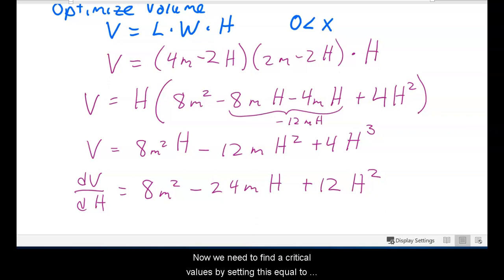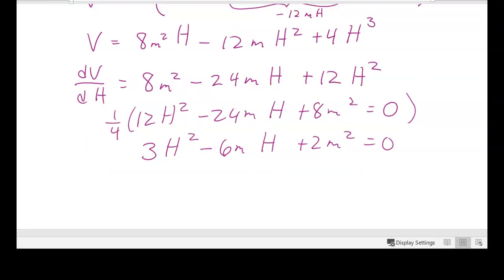Now we need to find our critical values by setting this equal to 0. Note that it is defined for all values of h, so the only critical values will come from setting the first derivative equal to 0. Stop the video here, find your critical values, then turn the video back on and compare your answer to mine.